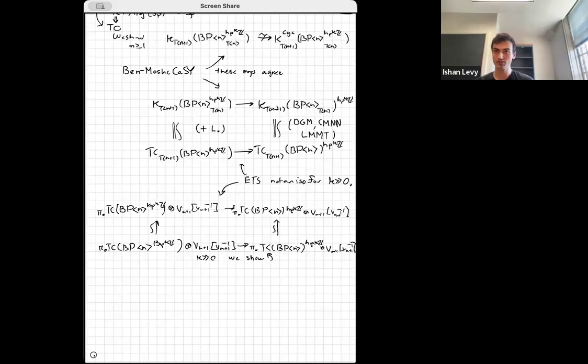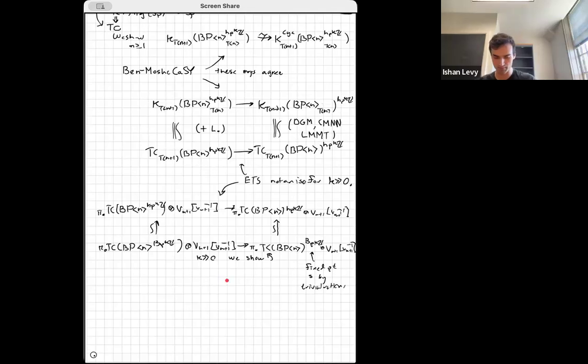And so once you show this, by BPn to the kZ, I just mean the fixed points by the trivial action. So basically, you're just allowed to replace the action with the trivial action.